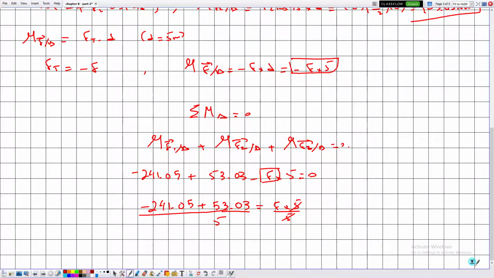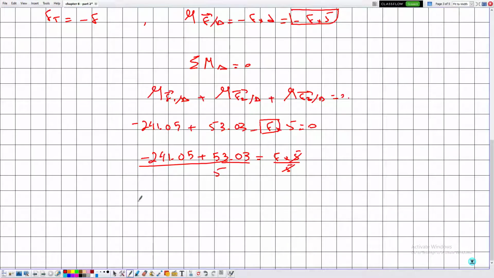So the value of F in this case is given by 53.03 minus 241.05 divided by 5, which is equal to minus 37.60 newtons. So the value of F is in newtons.